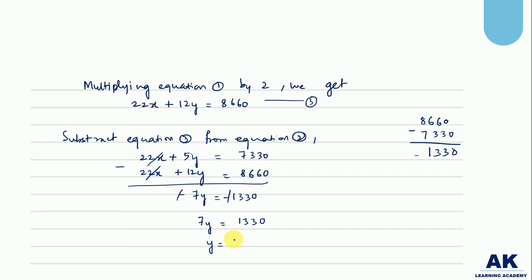So y is equal to 1330 upon 7. 7 ones are 7, left with 6, 7 nines are 63, and here it is 0. So y is equal to 190.